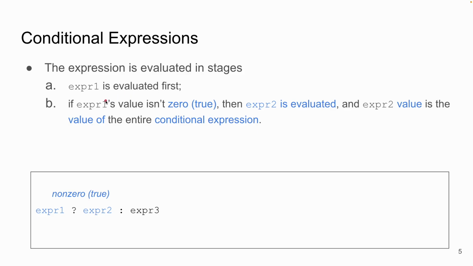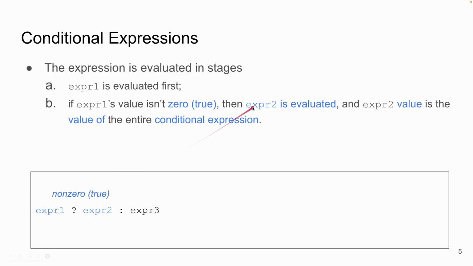After we run this expression, we will get the return value, right? Depending on the return value of expression 1, we will decide whether we want to do expression 2 or 3. In the first condition, if the return value of expression 1 is not 0, that means expression 1 is true.